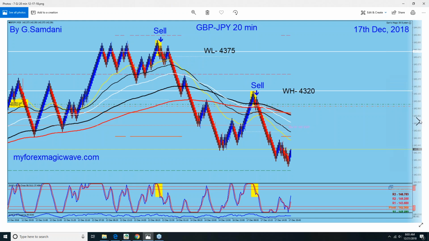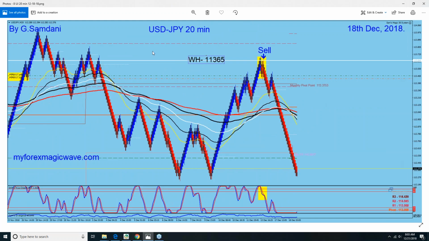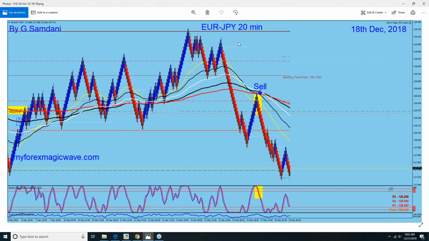And on the 18th, this is the USD yen, it dropped, and then it went up and hit this big number. 113.65 is a big number, and right at the level it hit, it reverses from there, right? With the help of yen, boom, all the way gone. And on the 18th, euro yen again, there was a retracement and a big nice dip below the wave.